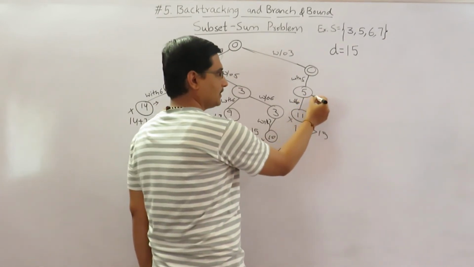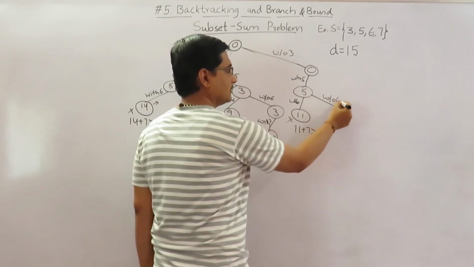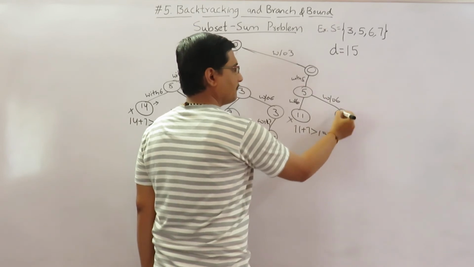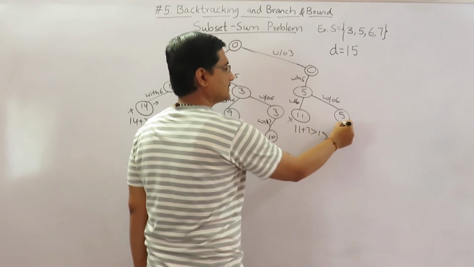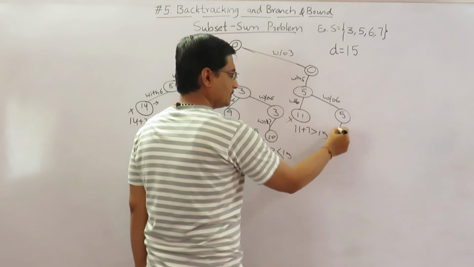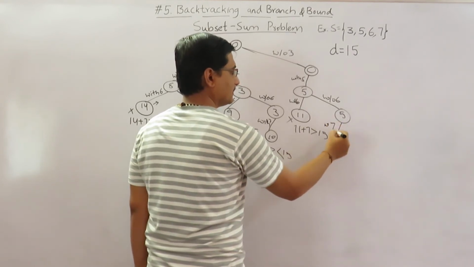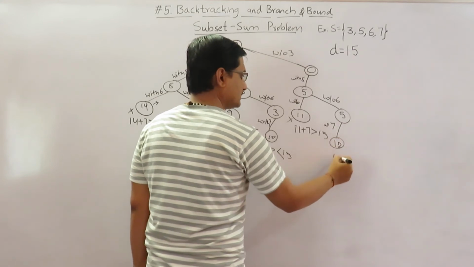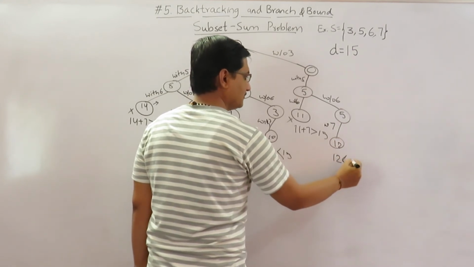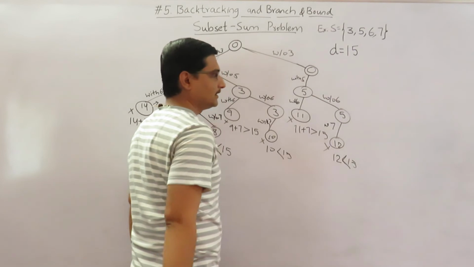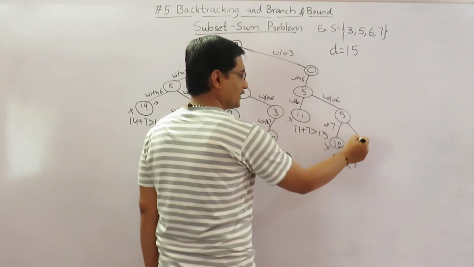We can come here, that is without 6. Without 6 it is 5. 5 plus 7 is 12. 12 is much less than 15. So again it is non-promising, and we cannot go here.